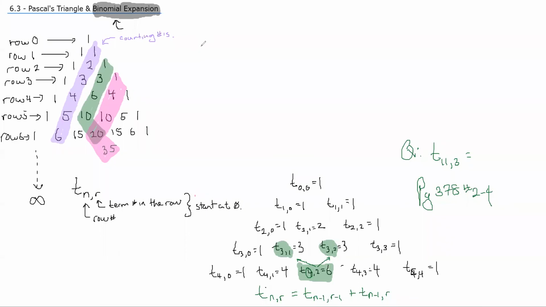The button you are going to use in your calculator to quickly get any value in Pascal's triangle looks something like this. Little n, big C, little r.